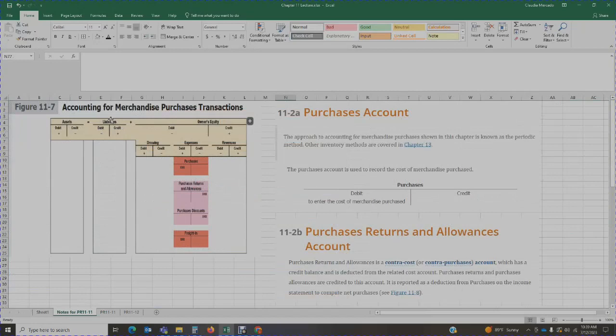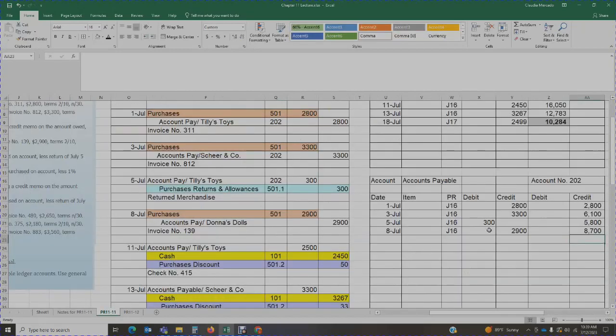So accounts payable will have a normal balance of a credit. That number basically represents the amount that we owe. We have a liability to someone else for $8,700. Okay. So that happened on the 8th, and we're going to post it to 202.